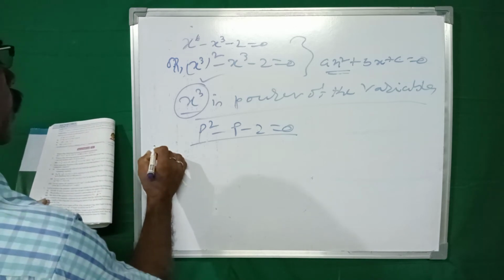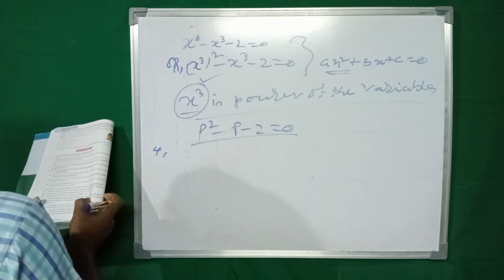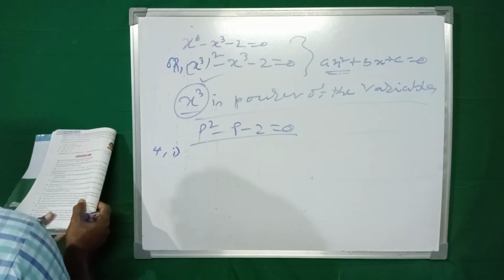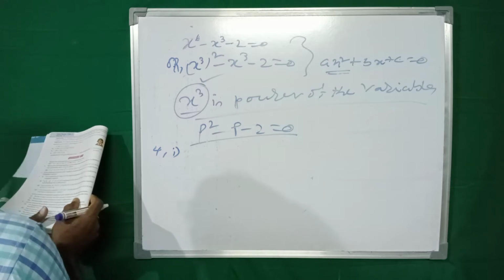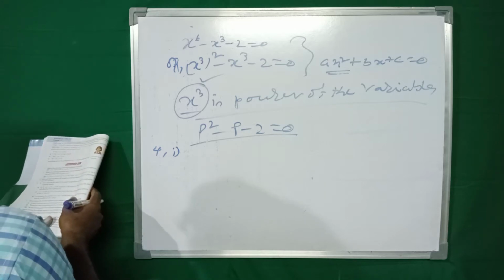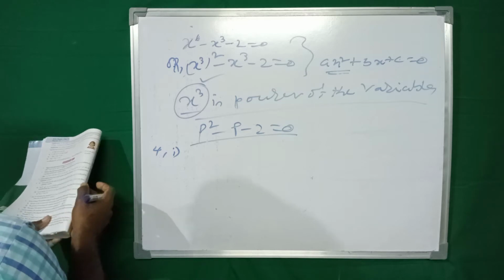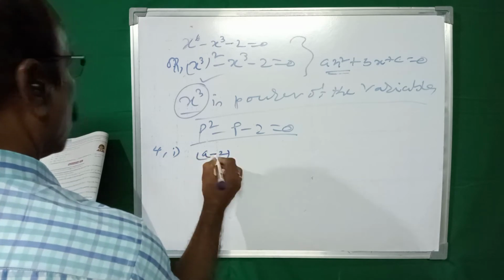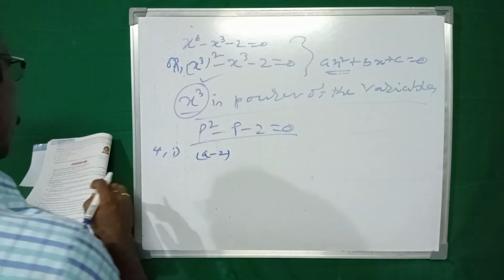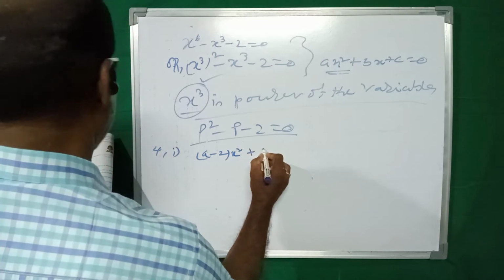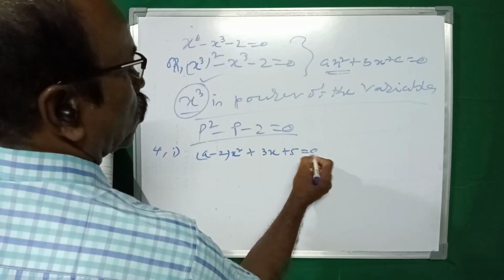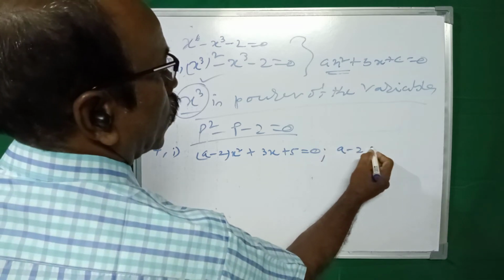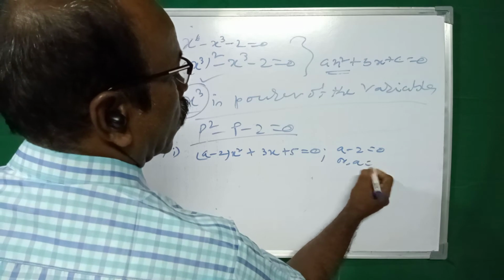Now in question 4, let us determine the value of a for which the equation will or will not be a quadratic equation. a minus 2 x square plus 3x plus 5 is equal to 0. This will not be a quadratic equation whenever a minus 2 is equal to 0, or a is equal to 2.